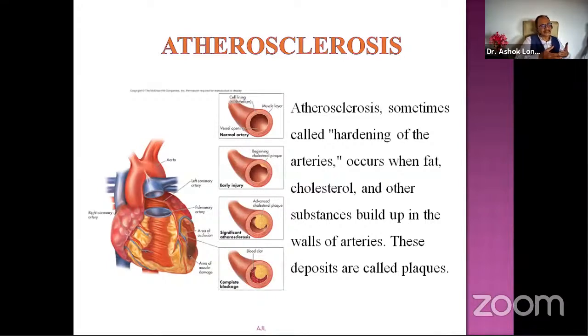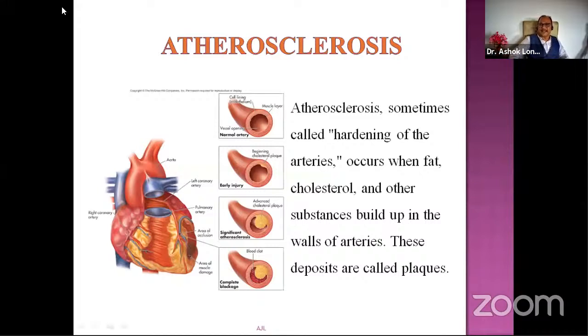Now let us see another deformity or disease. I can say it is a disease, not an anatomical description. So comes atherosclerosis. The definition was already given in the first few PPTs. What is atherosclerosis?